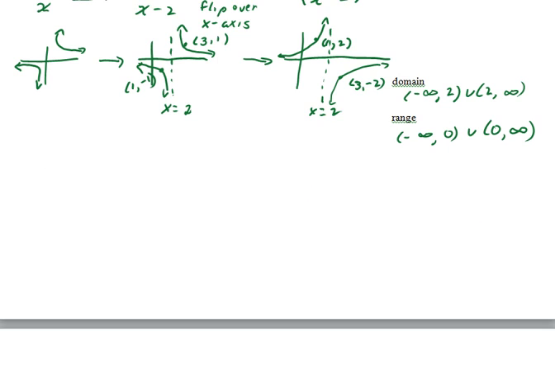In the third example, we have the quotient of two linear functions, and therefore we can find the asymptote by dividing the leading coefficients, and so the horizontal asymptote is going to be y equals 2. But we actually want more information this time, so we're going to divide the numerator by the denominator.